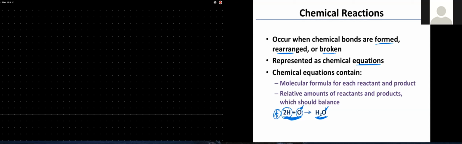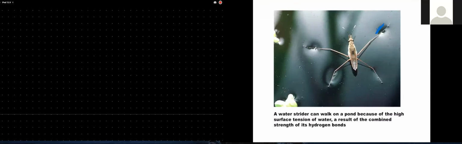Somebody is asking, so hydrogen bonds exist between molecules that contain hydrogen but not to form molecules. Yes, hydrogen bonds exist between the molecules that contain hydrogen, but they are not actually forming a molecule.